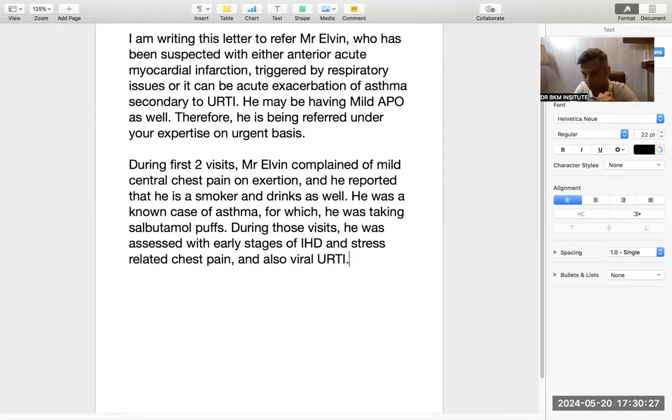This is what you need to learn, and that is what will save the word count. So I wrote, during the first two visits, Mr. Elvin complained of chest pain on exertion, reported that he is a smoker, drinks as well, known case of asthma for which he is taking puffs. During those visits, he was assessed with early stages of IHD and stress-related chest pain, and viral URTI.